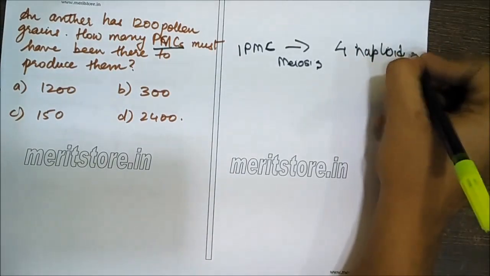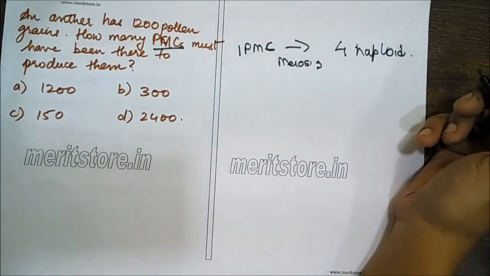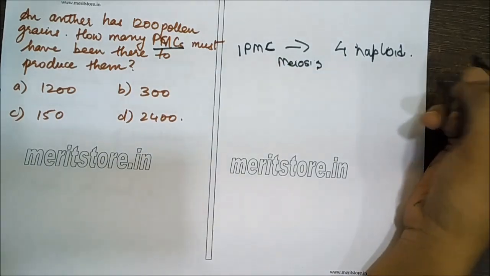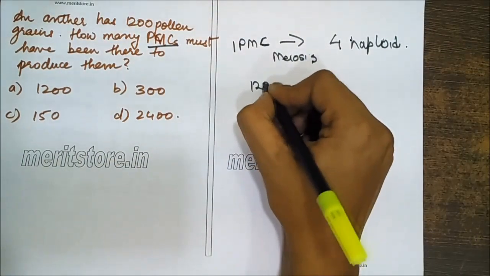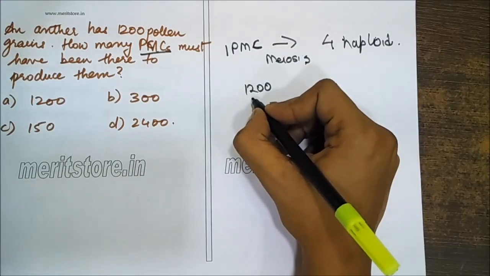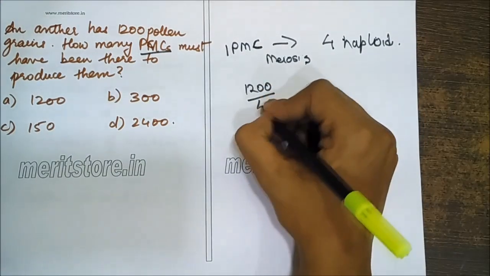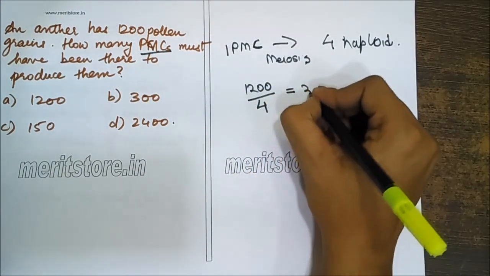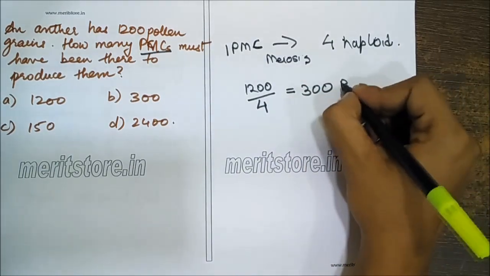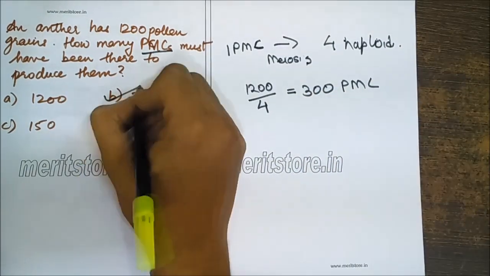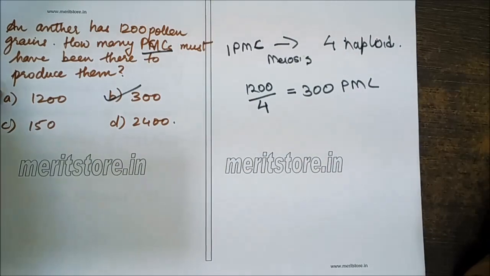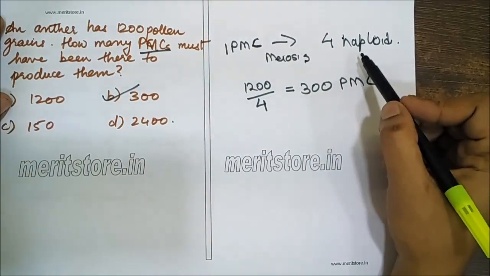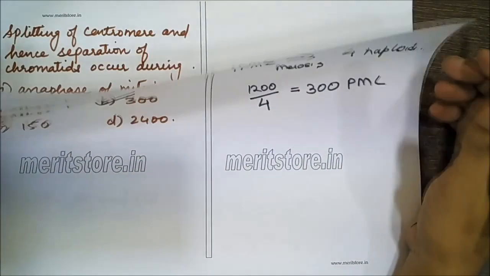It forms 4 haploid cells. Okay, so if there are right now 1200 haploid cells, then how many PMCs would have been present? It would be divided by 4, right? So the answer would be 300 PMCs. Okay, remember, meiosis produces 4 haploid cells.